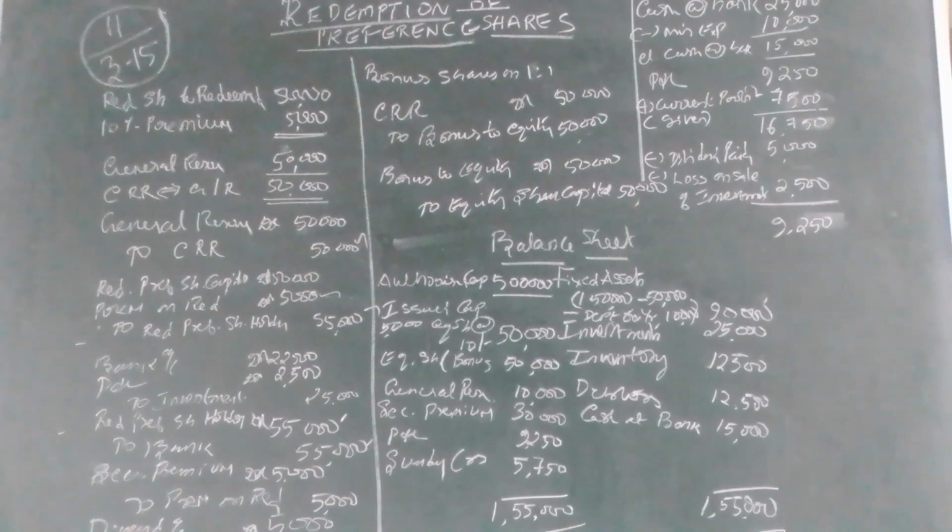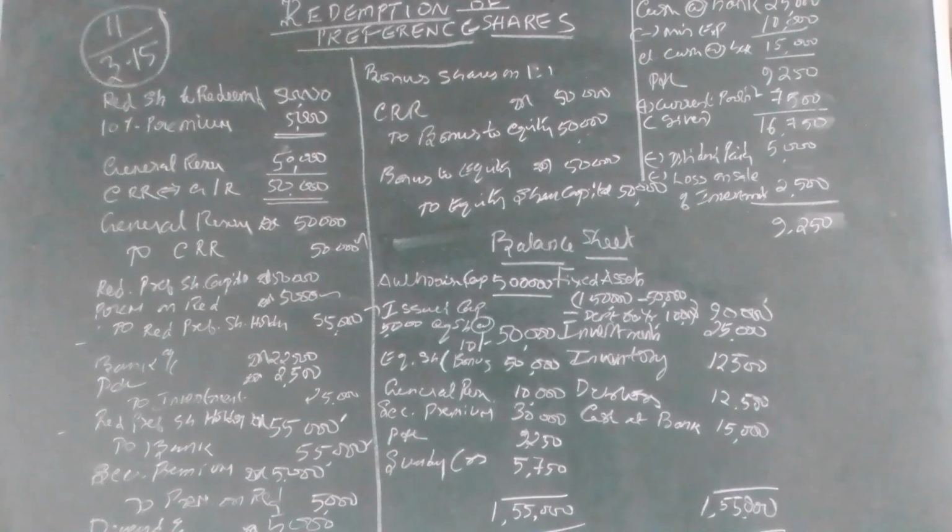So what we have to do is, 50% of the investment is sold off. So of the total 50,000, 25,000 is sold off.